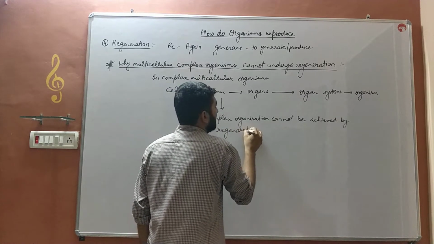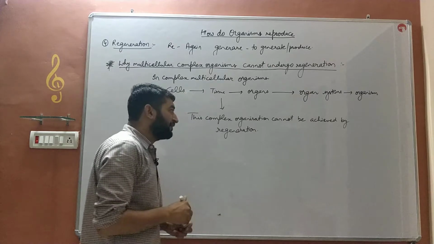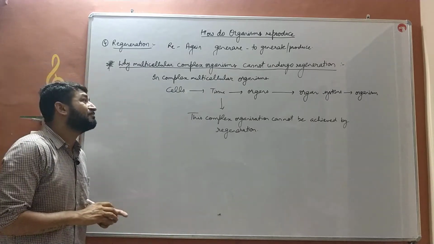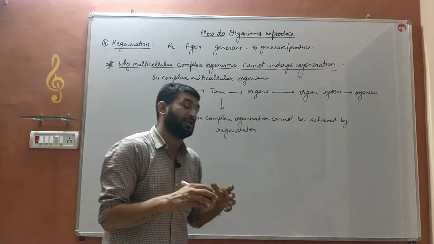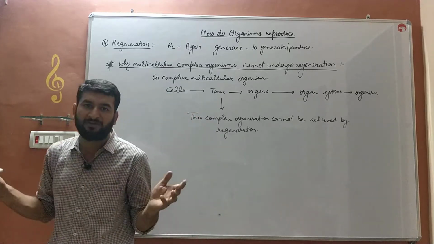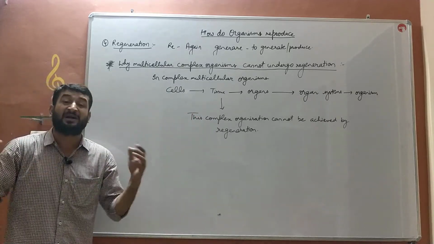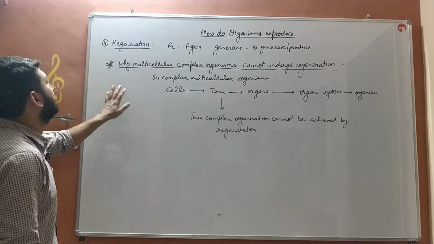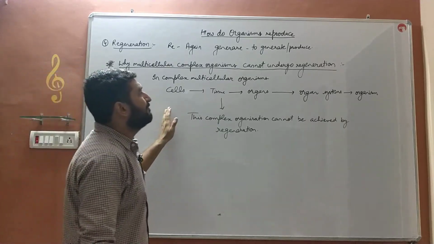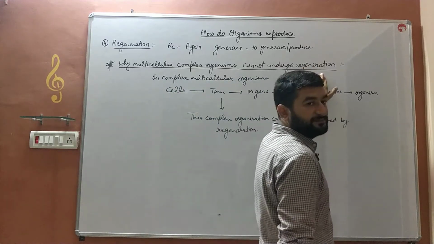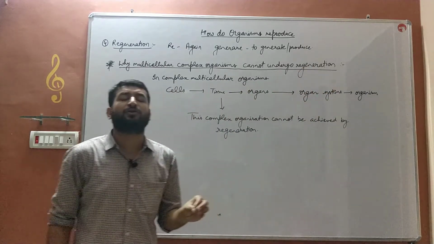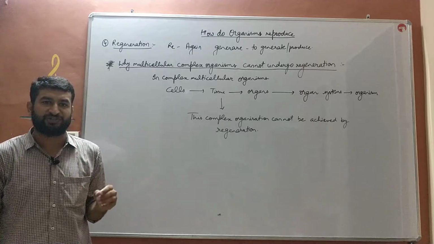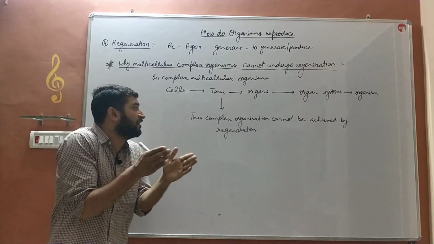That is the specific reason why multicellular complex organisms like humans, reptiles, mammals, and complex plants, monocotyledon or dicotyledon, cannot give rise to a young one by regeneration, because they have a very complex structural organization.